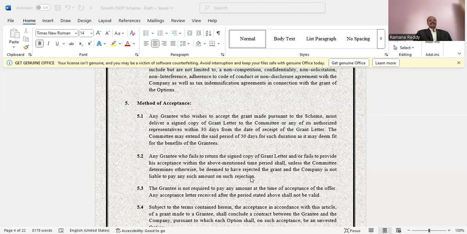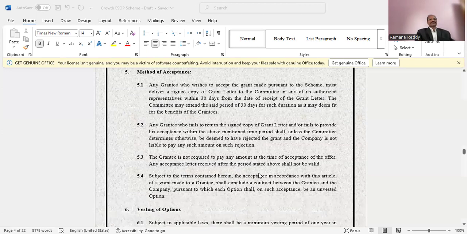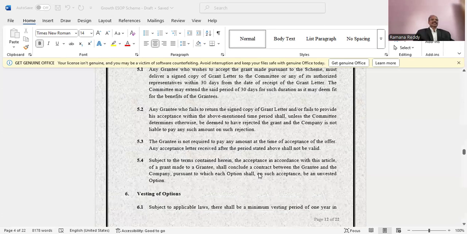Along with the grant letter, the acceptance letter will be given. 30 days' time will be given, within which, on or before the last day, he has to sign and submit that acceptance letter. Any grantee who fails to return the signed copy of the acceptance letter, then the options will lapse. They will be treated as a rejection.